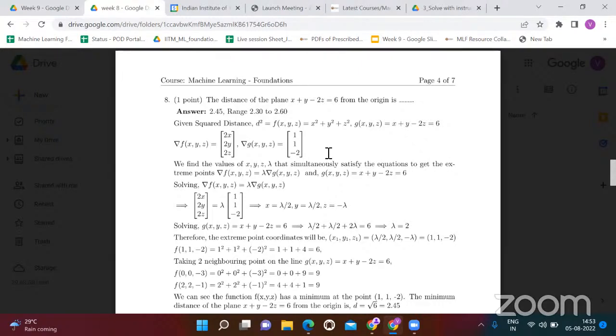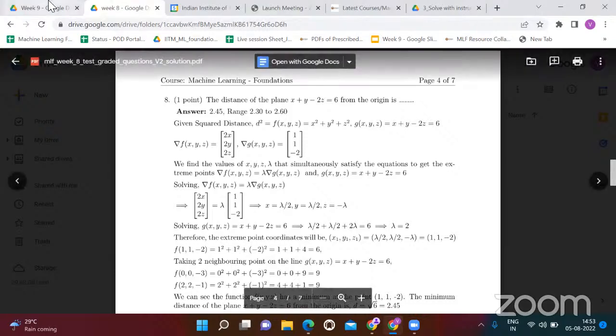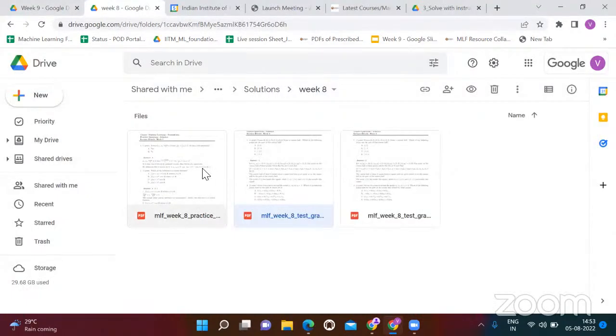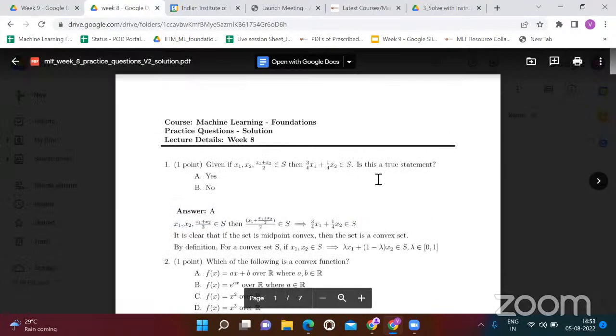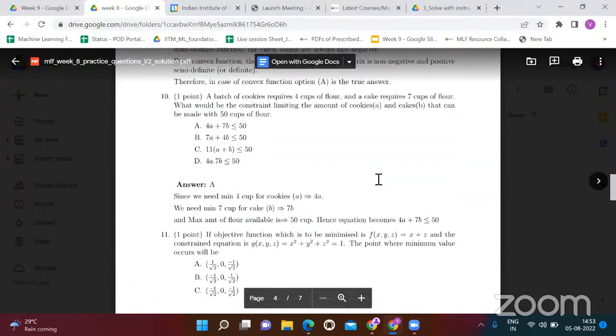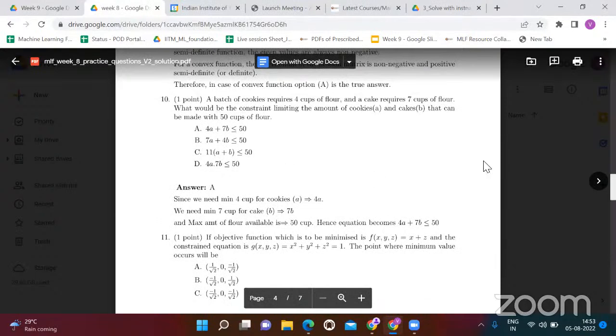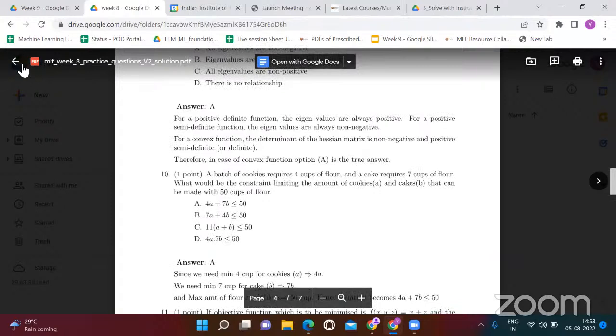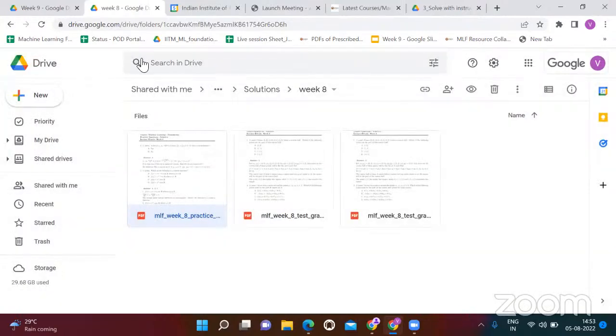There is a practice assignment problem number 10. You can refer to that. Okay, problem number 10, right? This is the problem, this is the equation, right? So this is week 10.